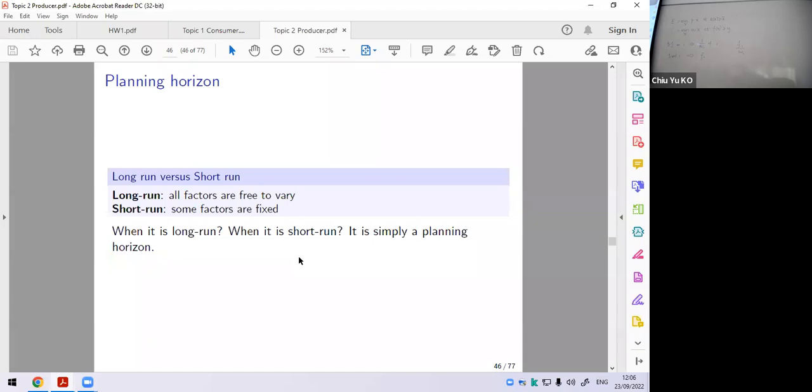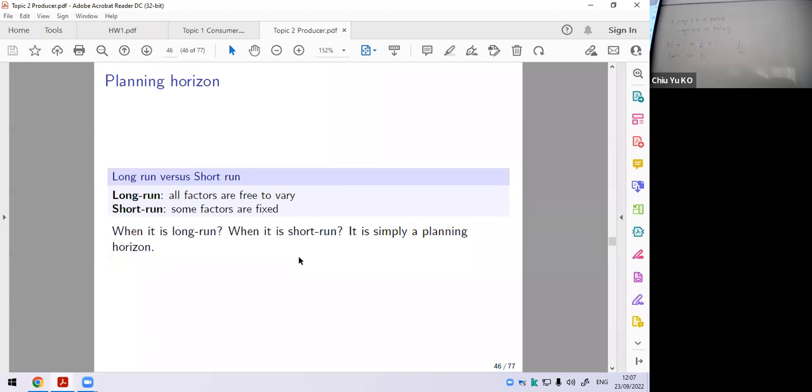When you learn intermediate or principles, they will say when you sign a contract, say you sign a contract to rent that place, or you sign a contract to hire somebody, once you sign the contract, then things become fixed. Then you can't change that, right? So basically, you can imagine some kind of contract is a way to distinguish the two.